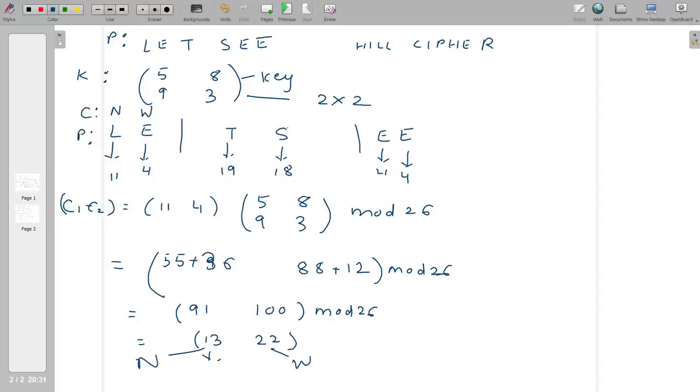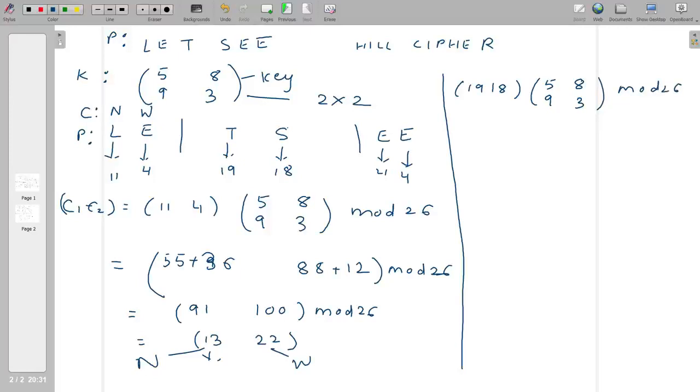Now let's do it with the next letters, that is T and C. T and C are 19 and 2, and the key is the same, 5, 8, 9 and 3, and this operation is a mod 26 operation. So let me multiply it and write it.